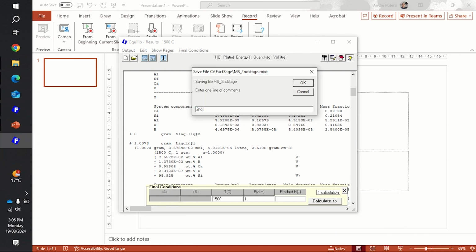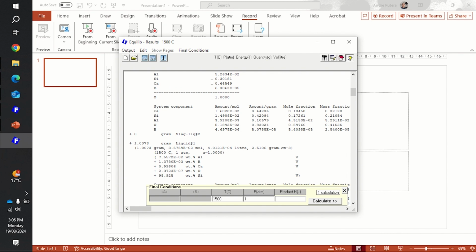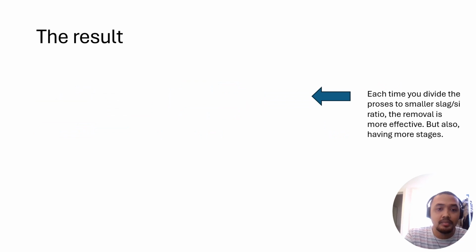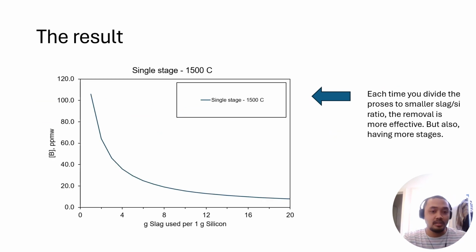So that's how you do the multistage using the save stream feature in FactSage. And the result is very good, really amazing.